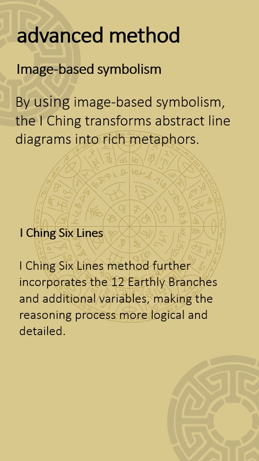Advanced method. Image-based symbolism. By using image-based symbolism, the I Ching transforms abstract line diagrams into rich metaphors. I Ching 6 Lines. The I Ching 6 Lines method further incorporates the 12 earthly branches and additional variables, making the reasoning process more logical and detailed.